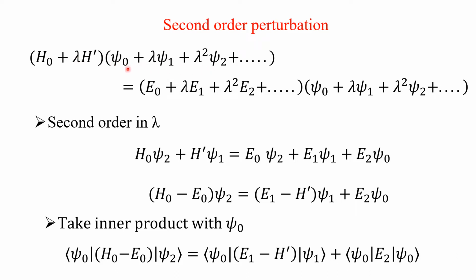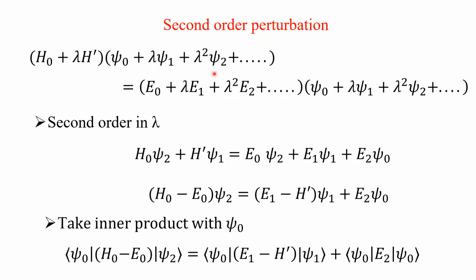Similarly, the wave function can be written in the power series of lambda. That is, psi can be written as psi naught, the unperturbed wave function, plus lambda psi 1, the first order perturbation, plus lambda squared psi 2, and it goes on.